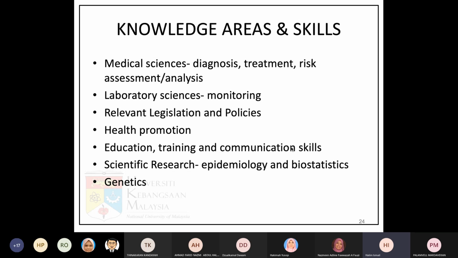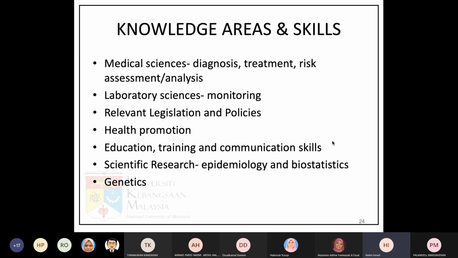Tapi bila kat sini you kena buat research and then you kena buat assignment, and then after the assignment you need to know what the assignment is about kan. Lepas tu then you'll be able to present your assignment. So all those are training you in this element supaya it prepares you to become a public health specialist later on in the future. Dia memang akan continuously have to do all those.